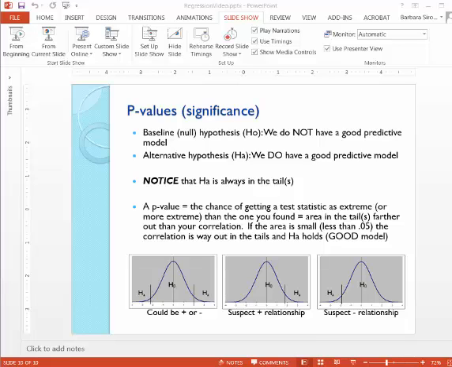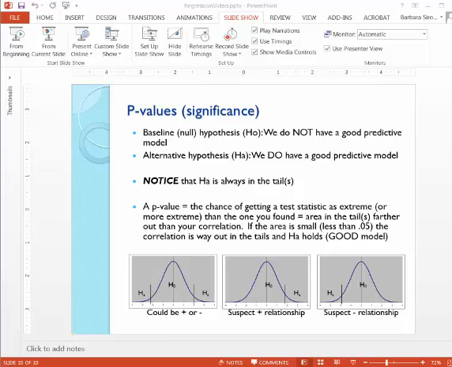It's sort of the innocent until proven guilty in a court case, where the innocent is, no, we don't have a good predictive model. We really have to prove beyond the shadow of a doubt that it's good before we use it. Well, the shadow of a doubt is the alternative hypothesis, HA. So that would be, yes, we do have a good predictive model. That's what we will believe if we have proven it beyond the shadow of a doubt.